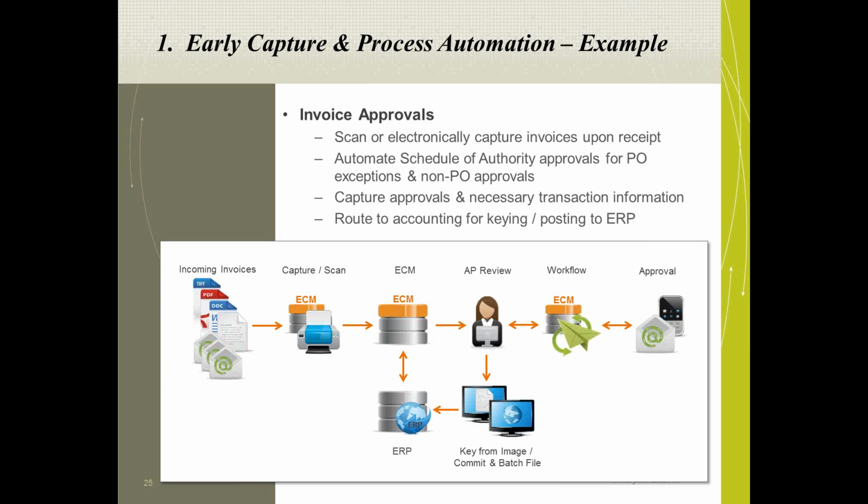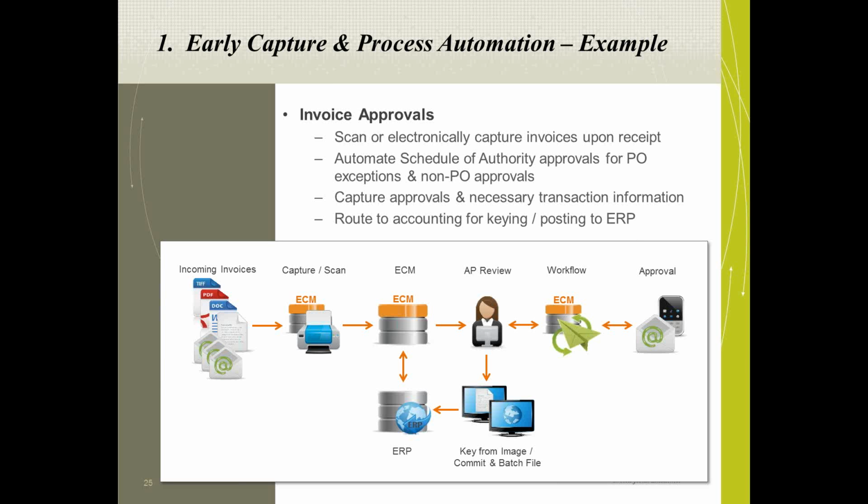If it's a PO transaction, and again this is a non-OCR type of process example, as simple as they're going to key that information in, they would still key that into their ERP, typically from dual monitors. I'm following the path working down for a second here. Typically, dual monitors: they'd have the invoice on one, controlled by the ECM, and the ERP on the second screen. They key that in, and then share that data with the ERP, and the ERP and ECM would then be in sync.